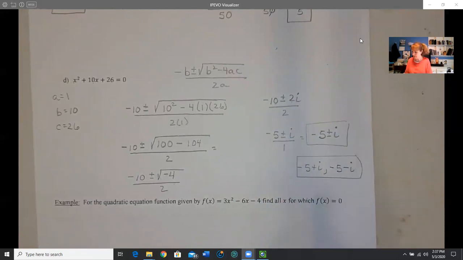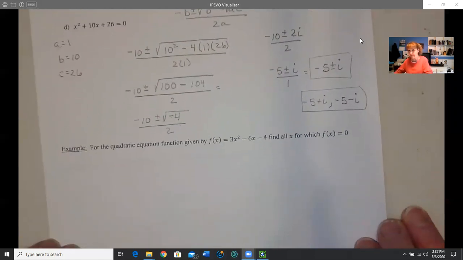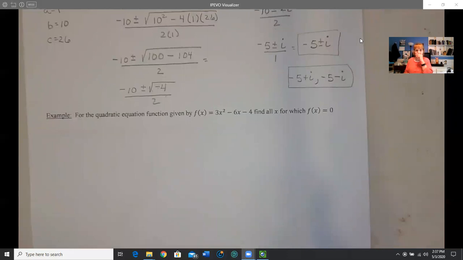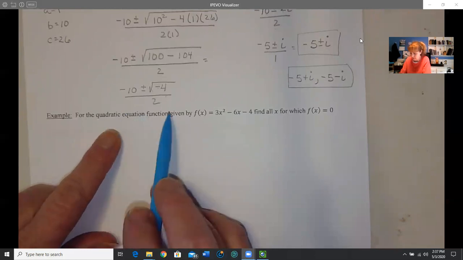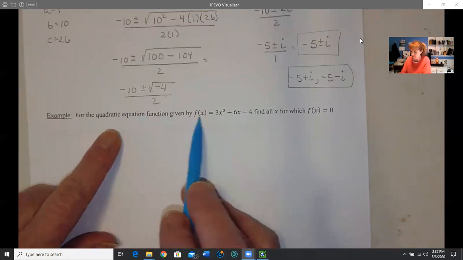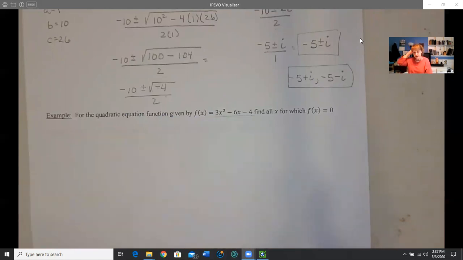Okay, great. Now, let's go ahead and go through, maybe these might be a little bit different. We're going to have to set up our problems here. So we have the quadratic equation is a function, and it's given right here, f of x equals 3x squared minus 6x minus 4. Find all x's for which the function, which is this, is equal to 0.